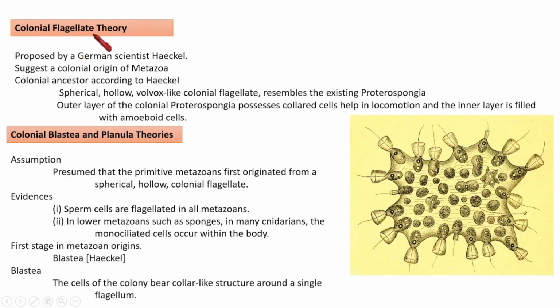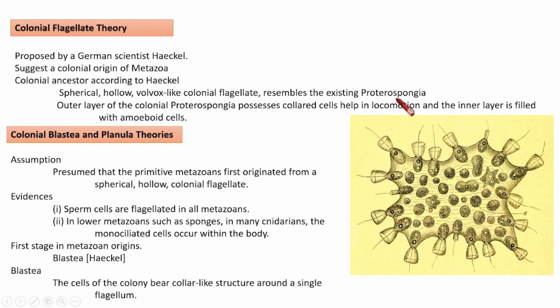Next, the colonial flagellate theory, proposed by Haeckel. He proposed that Metazoa emerged from a colonial ancestor, that means it has a colonial origin. That colonial ancestor may look like a spherical, hollow Volvox. Volvox, we know, is a green alga that forms a colony, and it also resembles the existing Protospongia. Its picture is given here.